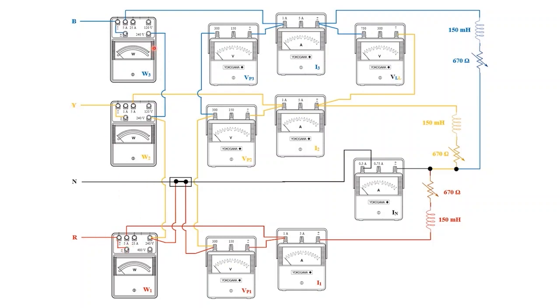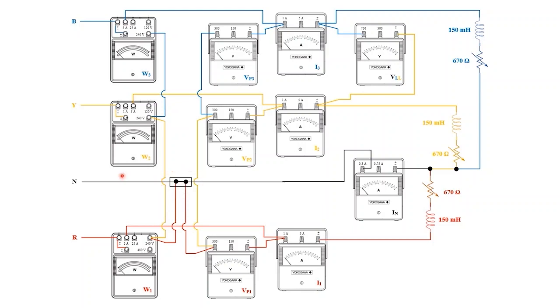And then the other point. In phase B, the other terminal of the voltage coil is connected to the voltage coil of phase Y, and that terminal is connected to phase R. So here also we have a common point. This common point connects to the neutral conductor again. For this purpose, we have used a connector.